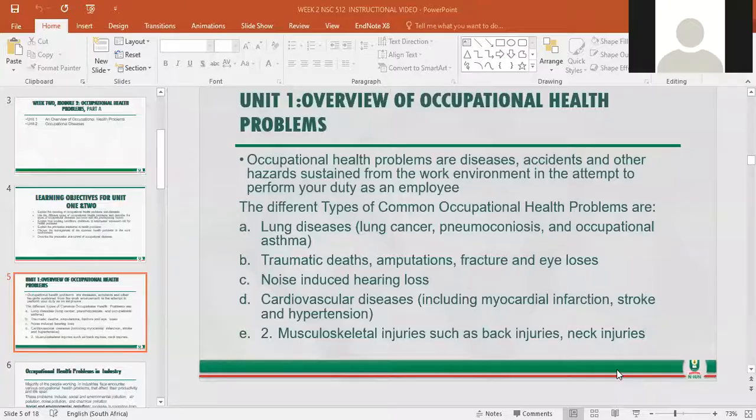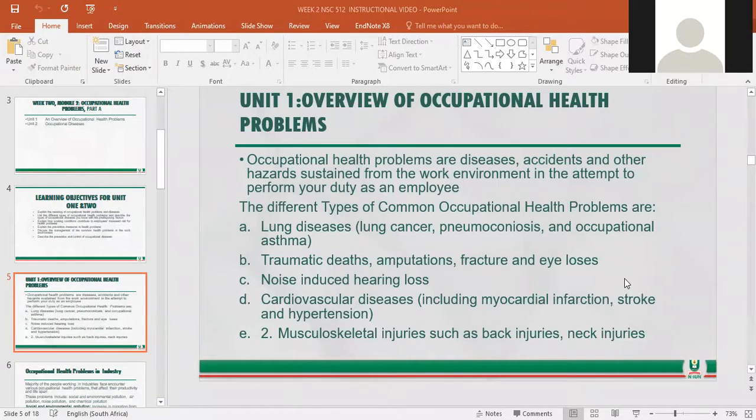What are other systems in the body that a worker can also have problems with? We also have the musculoskeletal system. In an industry where employees have to lift objects, not using machines or other devices, such an employee can develop a musculoskeletal problem.